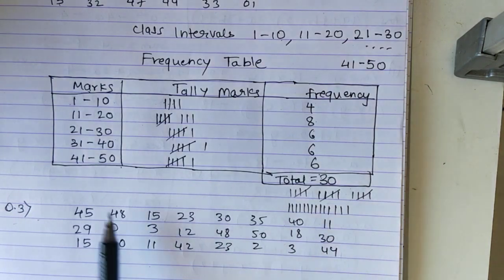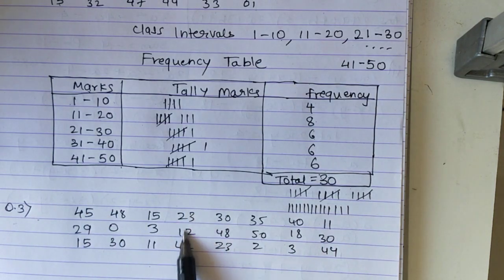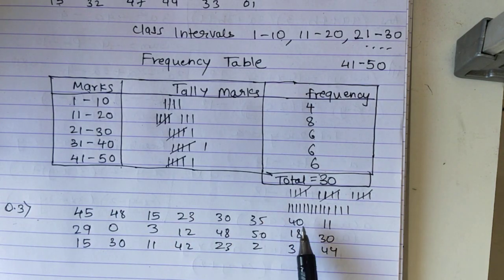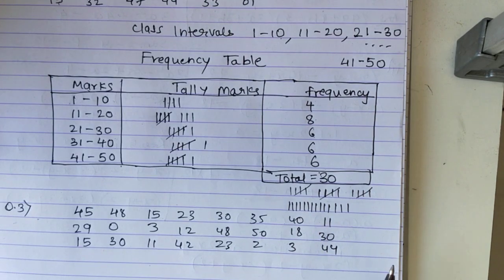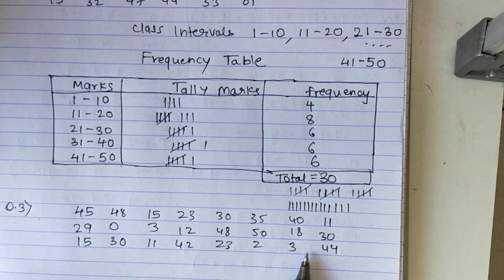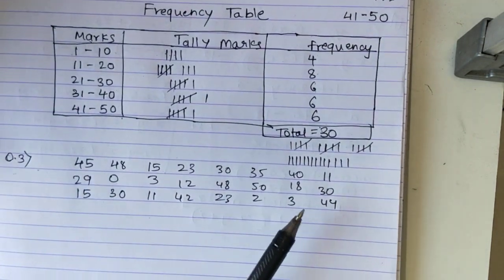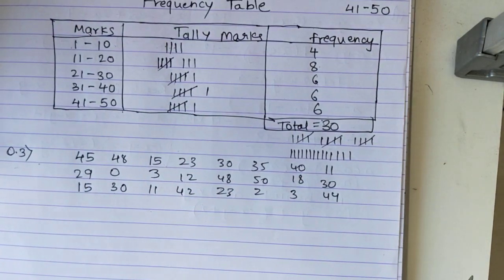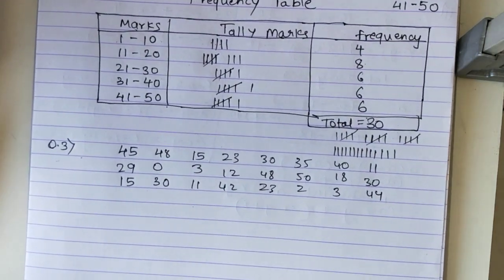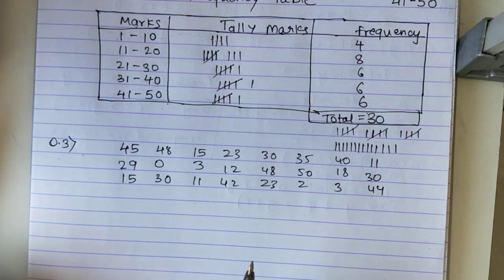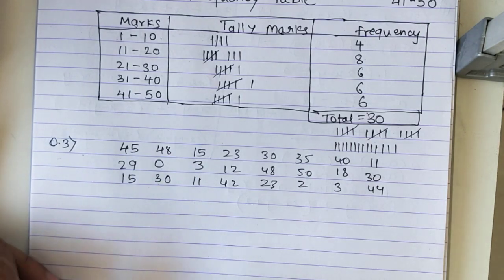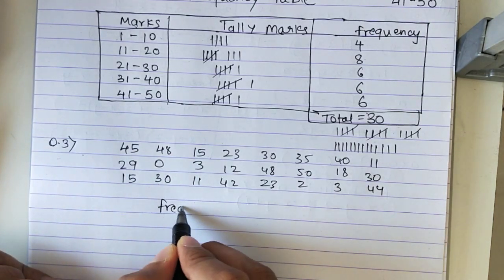this is the data: 3, 6, 9, 12, 15, 18, 21, 24. There are 24 candidates, marks of 24 candidates. Okay, and we have been told that the maximum marks are 50. Make a frequency distribution table.